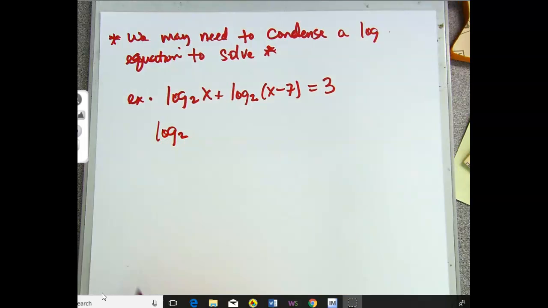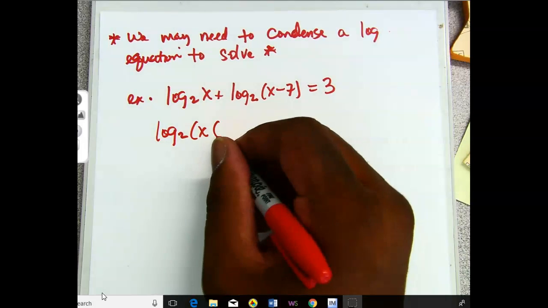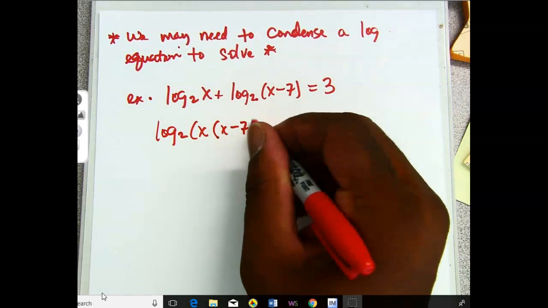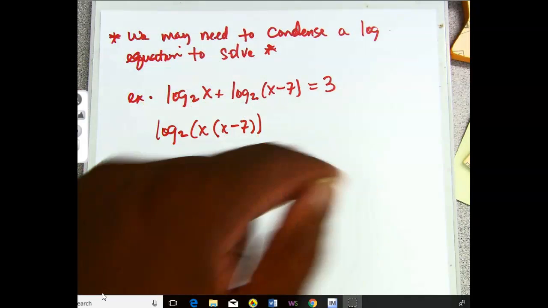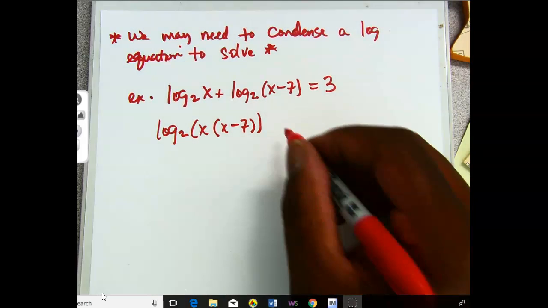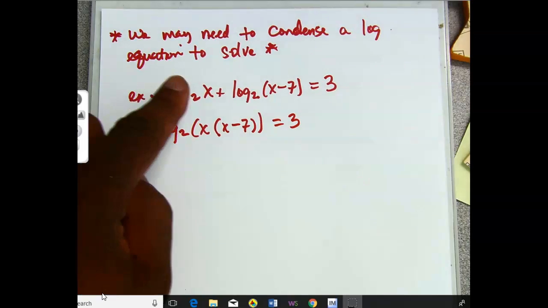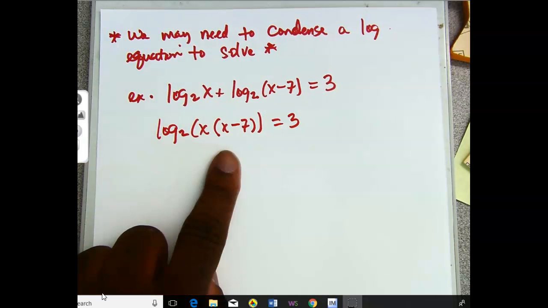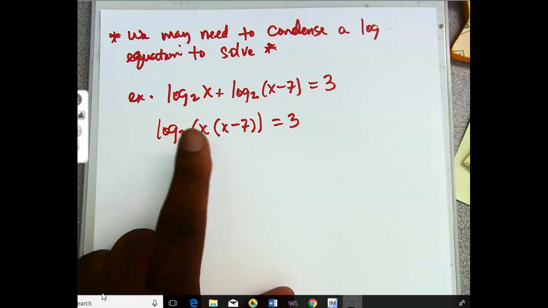Log base 2 of x times x minus 7. Remember, the log of a plus the log of b is the log of a times b. So that's our product property. Now you have the one single log.